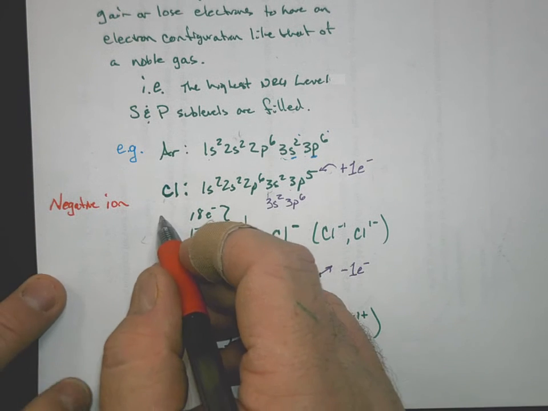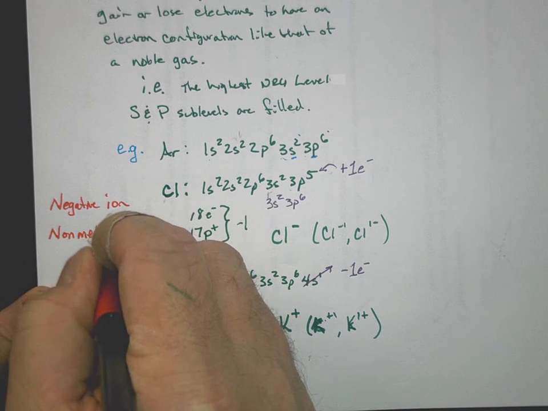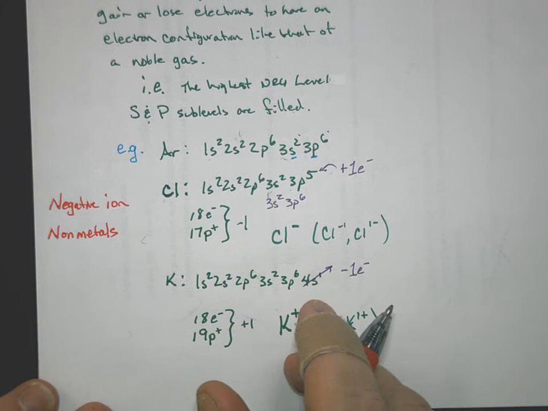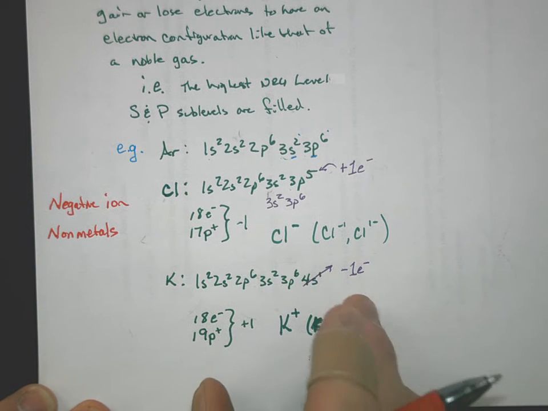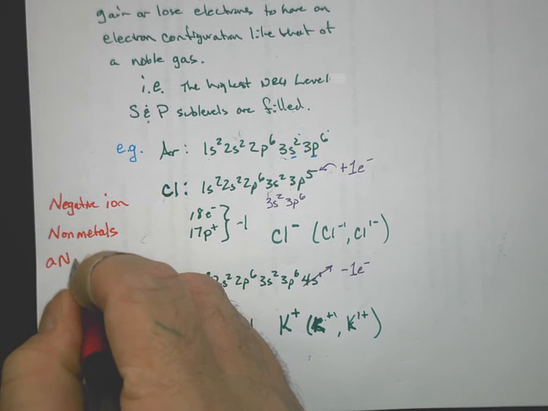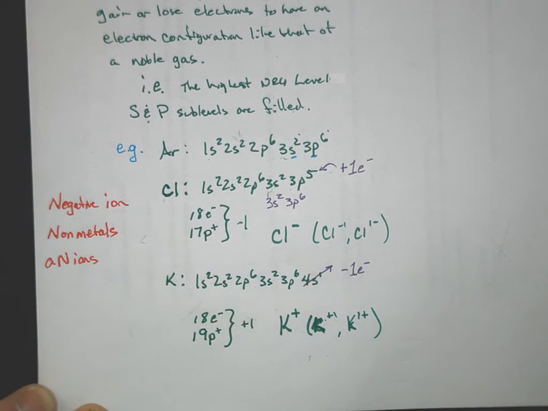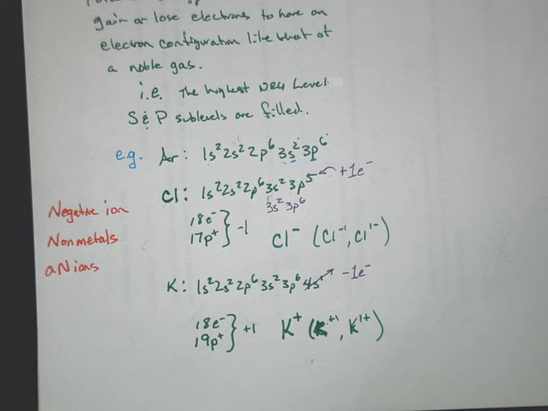It generally comes from nonmetals. We call these negatively charged ions that come from nonmetals anions. Get it? See what I did there? See the ends? I did not give you this mnemonic yet.